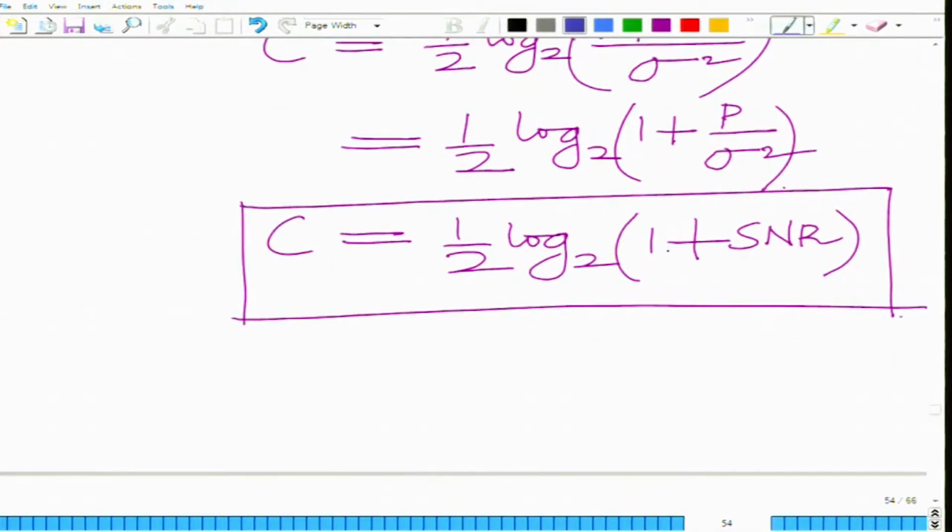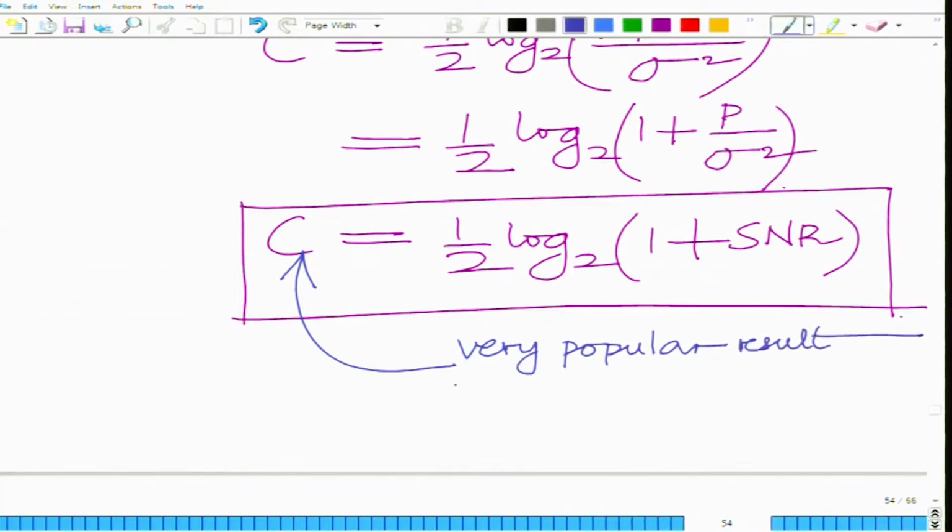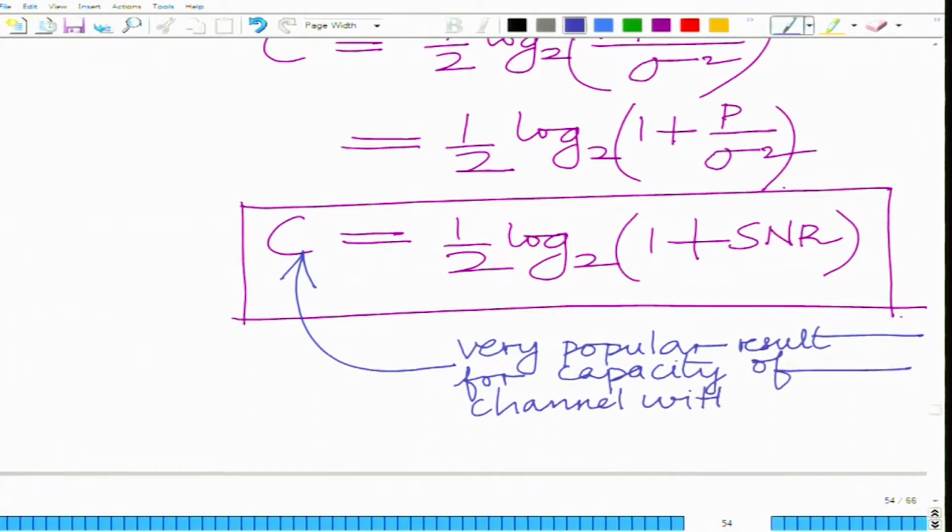This is the very popular and fundamental result for the capacity of a channel with Gaussian noise, and also very practically relevant, because as we have said many times before in this course, the Gaussian channel model is one of the most frequently occurring channel models and one of the most popular models to represent or to model the channel in a typical communication system.